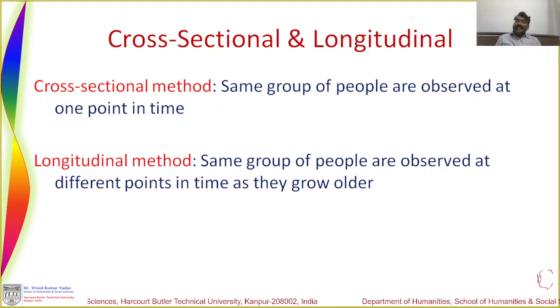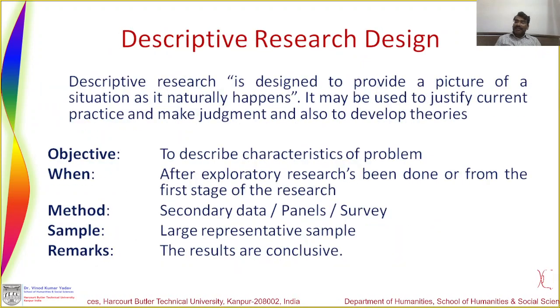So this way descriptive research design can be very purposive. The purpose of that design is very clear, the objective is very clear. You want to know characteristics, you want to know reasons for the problems.